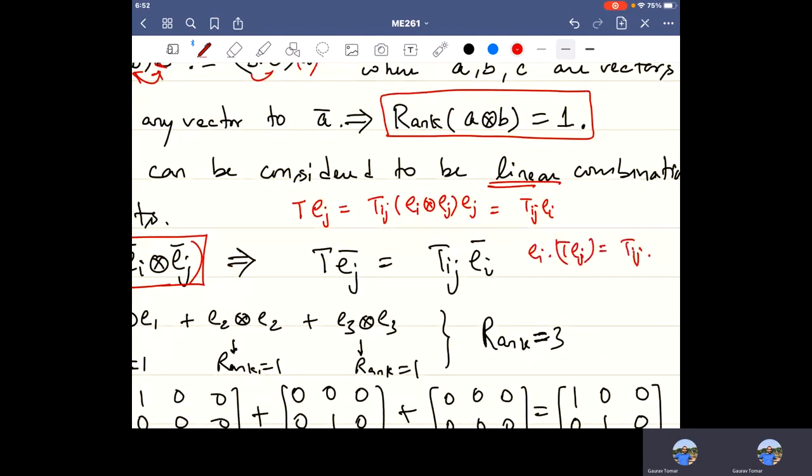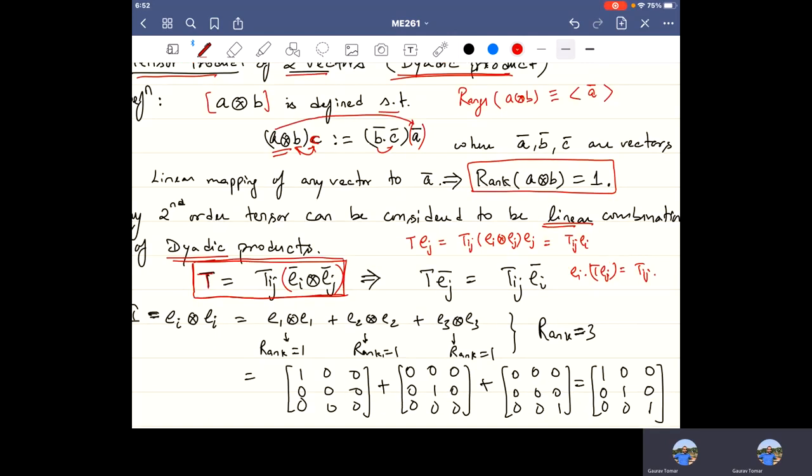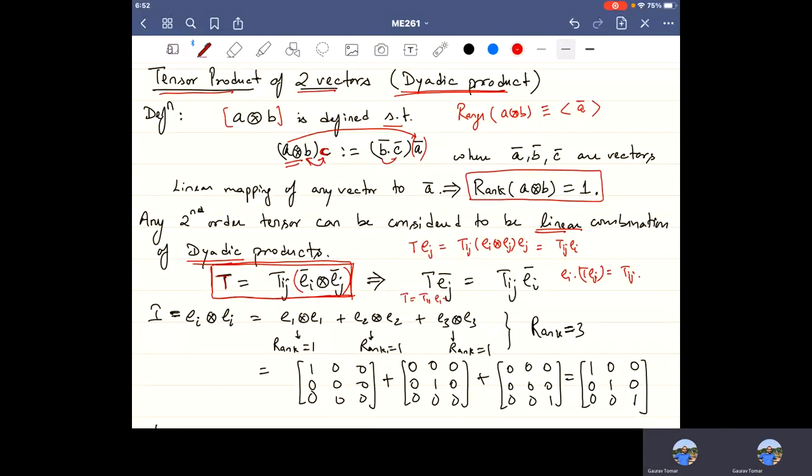So you get the same components, and it satisfies that earlier definition. So you can write your tensor T as a summation of these dyadic products. If I expand, T would be T11 E1 tensor E1 plus T12 E1 tensor E2 plus so on. We'll have such 9 terms, so T would be a summation of these 9 terms.